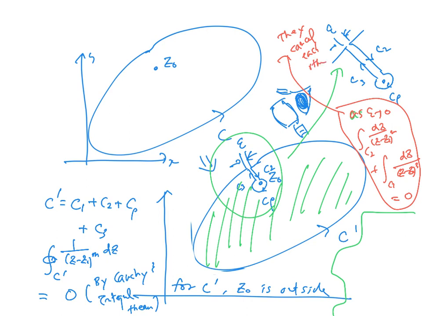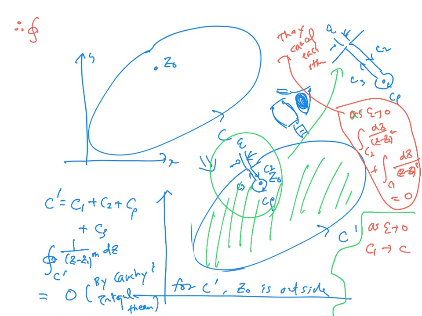And also, if epsilon is going to 0, then C1 becomes C, right? As epsilon goes to 0, C1 becomes C. So we have a very interesting result. So maybe I'll write down here.